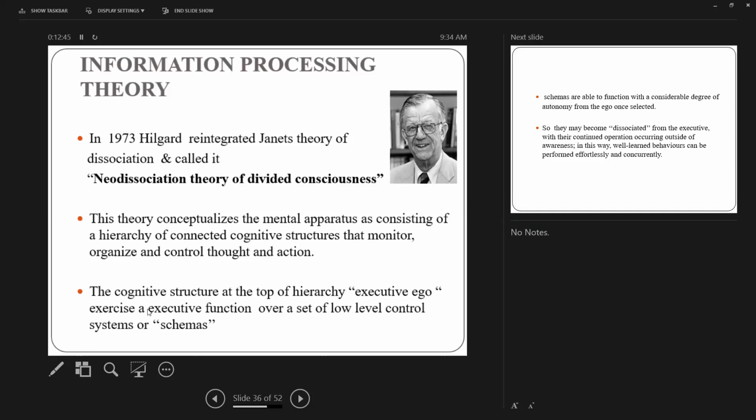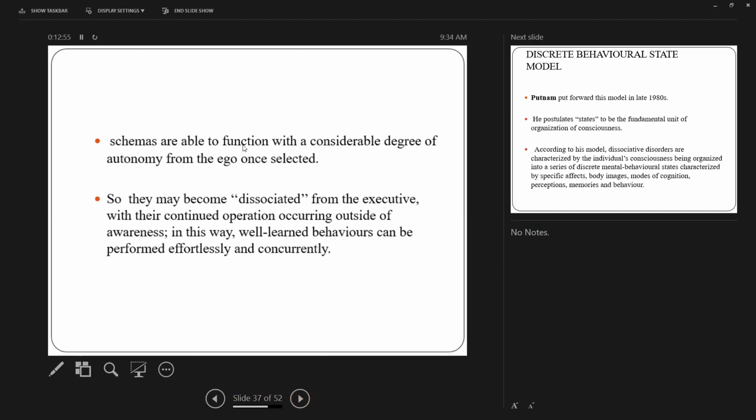The cognitive structure at the top of the hierarchy, called the executive ego, exercises executive function over a set of lower-level control systems or schemas. Schemas are able to function with a considerable degree of autonomy from the ego once selected. So they may become dissociated from executive control, with their continued operation occurring outside awareness. In this way, well-learned behaviors can be performed effortlessly and concurrently.